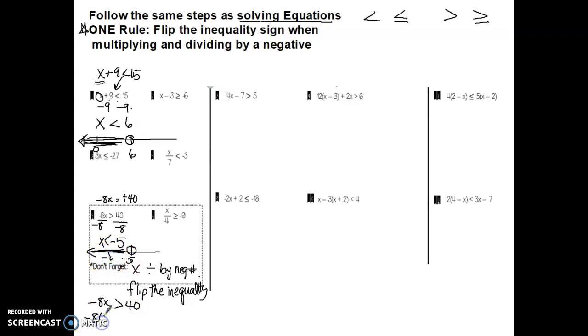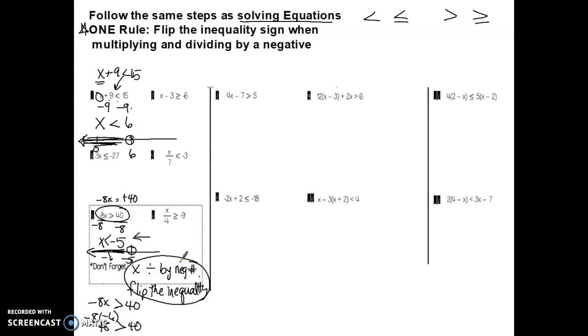Negative 8 times negative 6 means two negatives make a positive, so now you have 48, and that is greater than 40. So if you're not sure, you can always plug the number into the original equation to make sure that you've graphed and your answer is right. Or remember, when you're multiplying and dividing by a negative, flip the inequality.